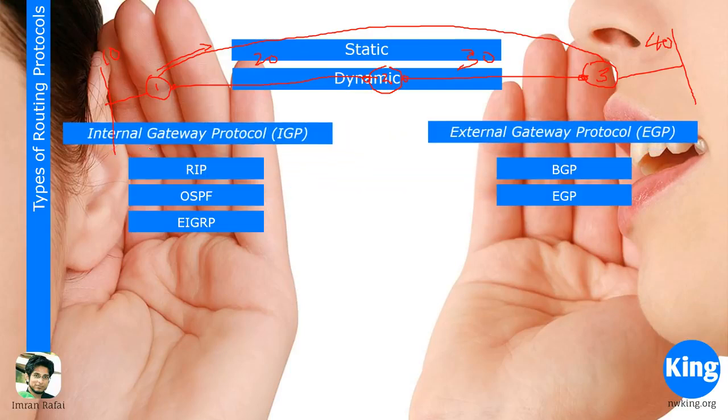For IGP, there are 3 popular protocols: RIP, OSPF, and EIGRP. And the latest CCNA curriculum only talks about OSPF and EIGRP. RIP is, I would say, one of the most rudimentary, or simplest forms of routing protocol, and it's one of the most commonly used as well.